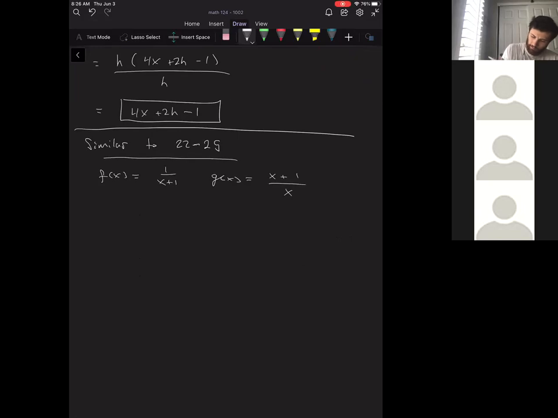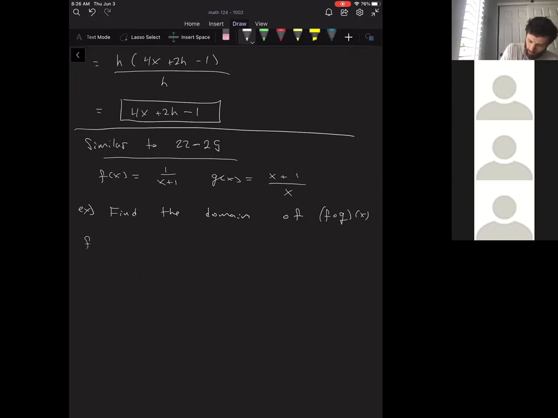So now let's find the domain of f composed with g of x. So remember, this is not multiplication, this is the composition. So first, let's figure out what does that equal.